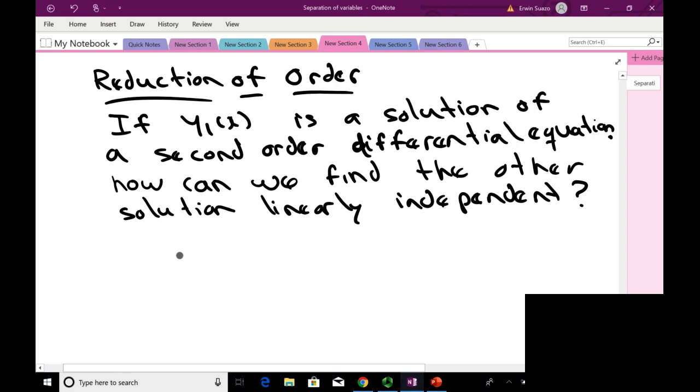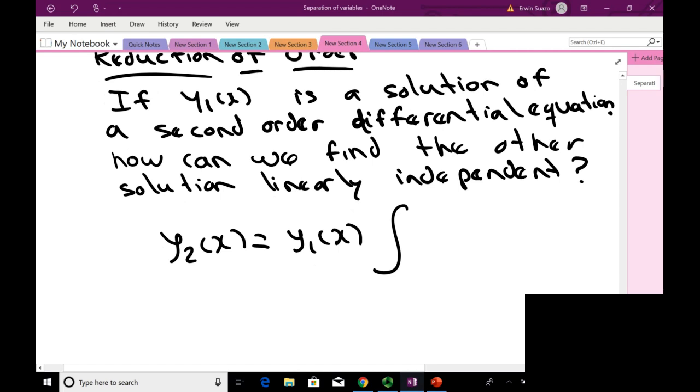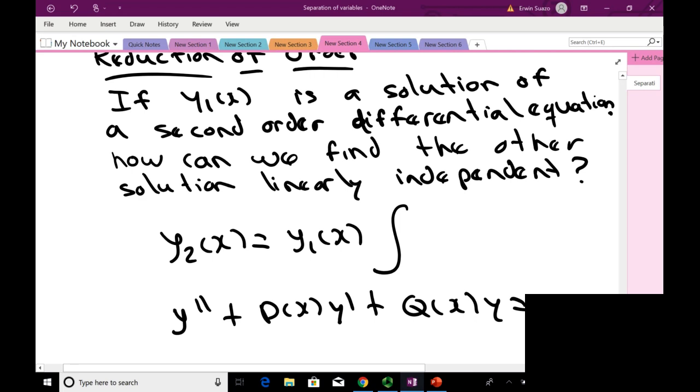Okay. So y2 of x is gonna be equal to y1 of x times the integral of... Let me write the equation. The equation looks like this: y double prime plus p of x y prime plus q of x y equals 0.